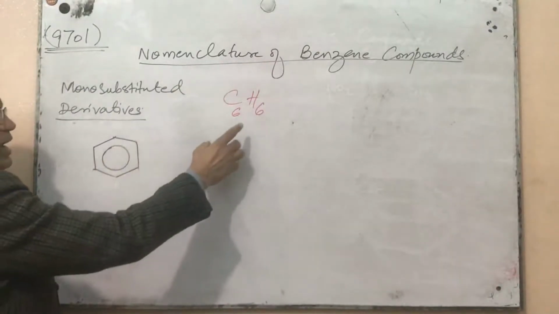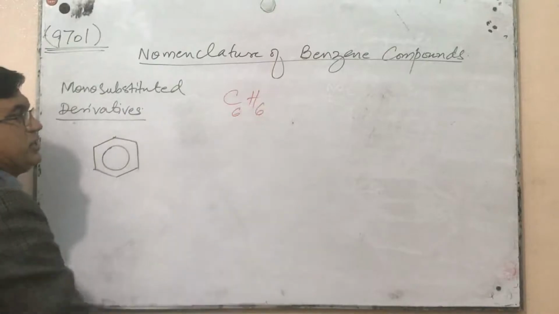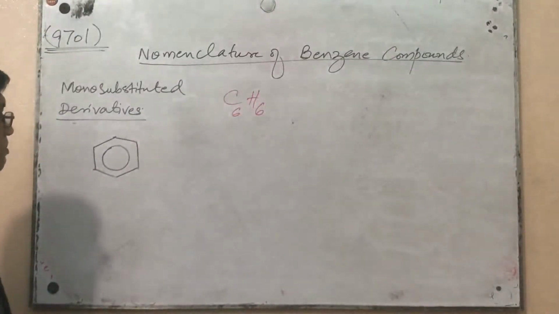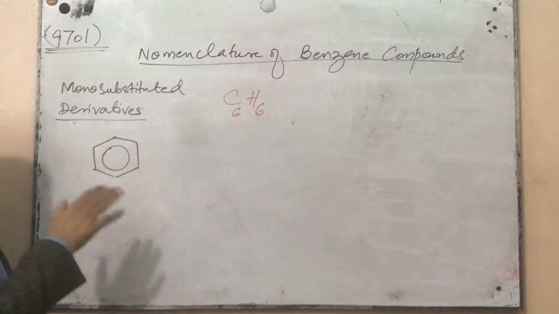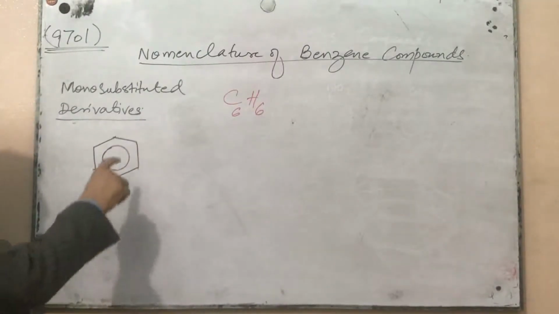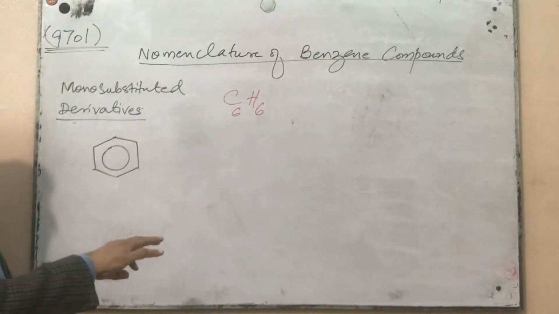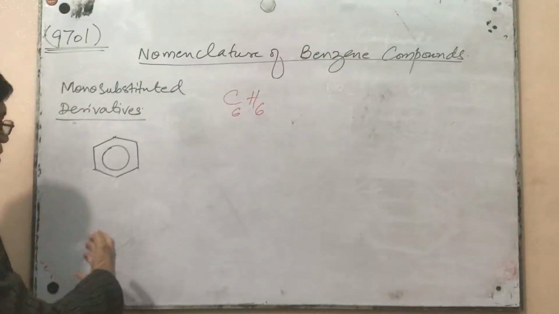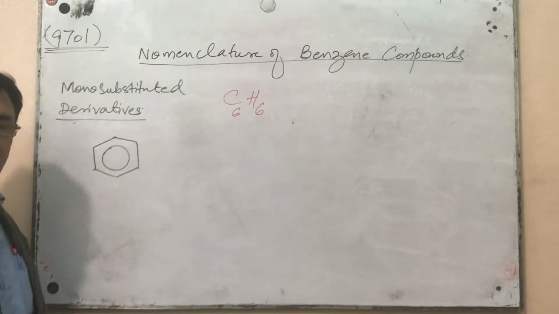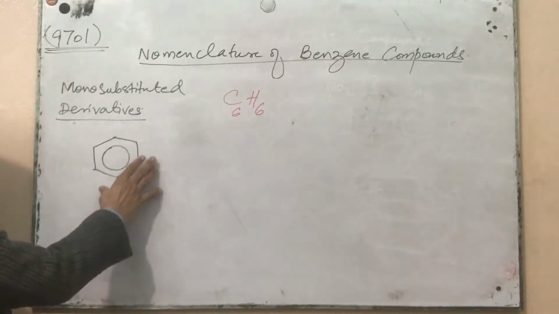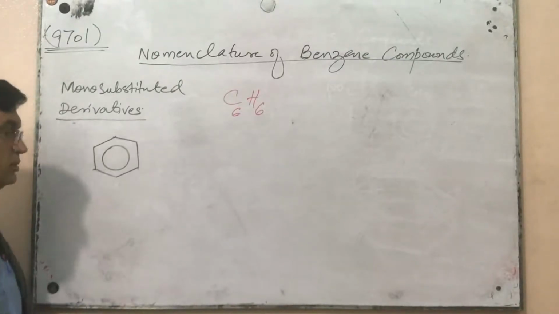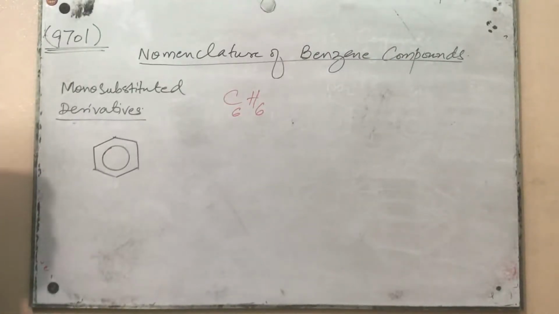In spite of the fact that a high degree of unsaturation is present in the benzene ring, benzene preferably performs substitution reactions rather than addition reactions. While we know that substitution reactions are the properties of saturated hydrocarbons, benzene, having a high degree of unsaturation, still follows the substitution reactions of saturated hydrocarbons.